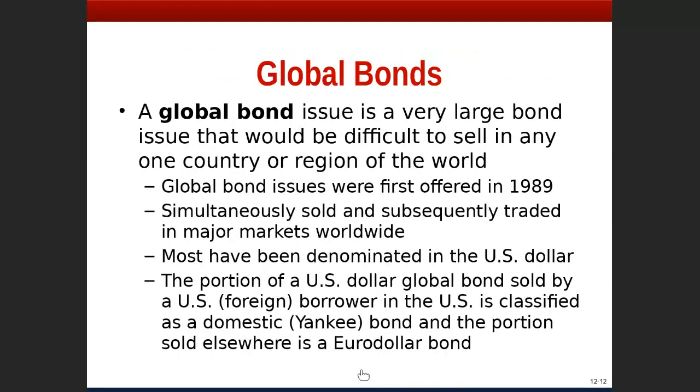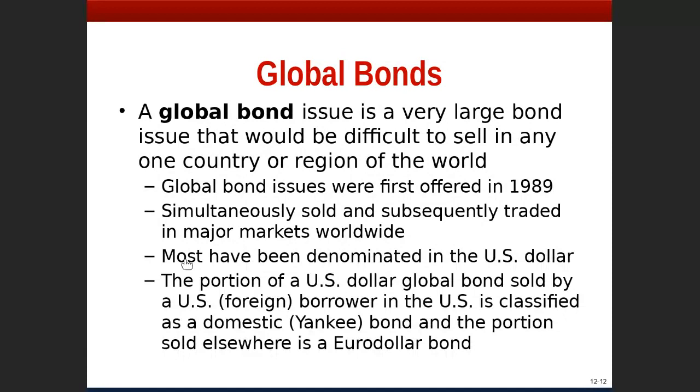Global bonds. A global bond issue is a very large bond issue that would be difficult to sell in any one country or region of the world. Global bond issues were first offered in 1989. They are simultaneously sold and subsequently traded in markets worldwide.